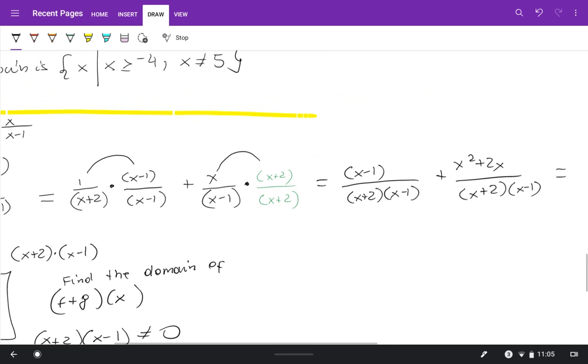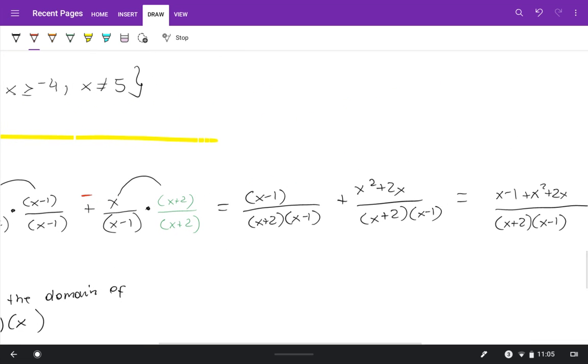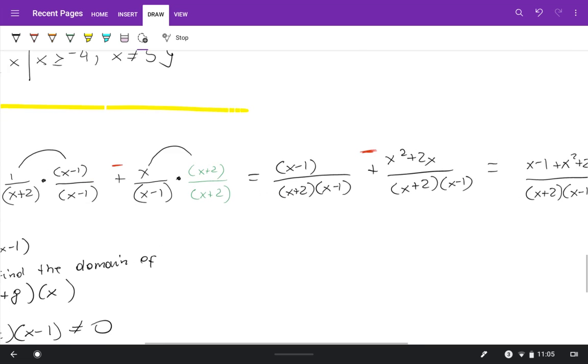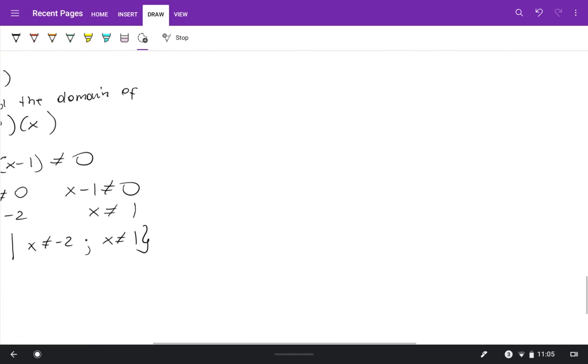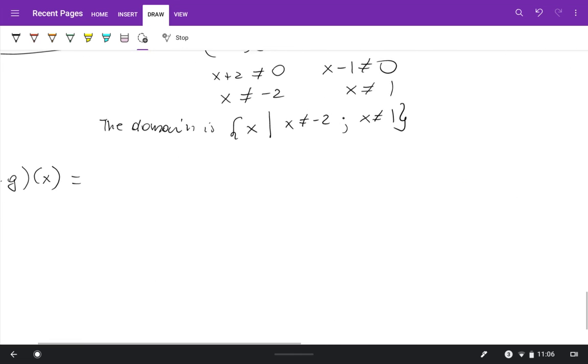So the only difference is that when we find the difference, you're going to have a minus here and a minus here. So I recommend copying this part. Doesn't want to copy, but let me copy that.